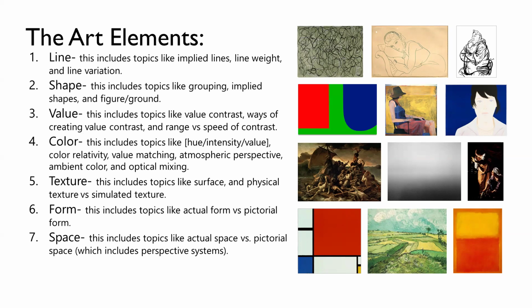But learning more about lines, learning the difference between actual lines and implied lines, learning about change of line weight, learning about line characteristics other than changes in line weight, learning about other kinds of line variation, learning about how lines create shapes or how lines create value contrast. These get more complicated. Okay, so the art elements are line, shape, value, color, texture, form, and space.